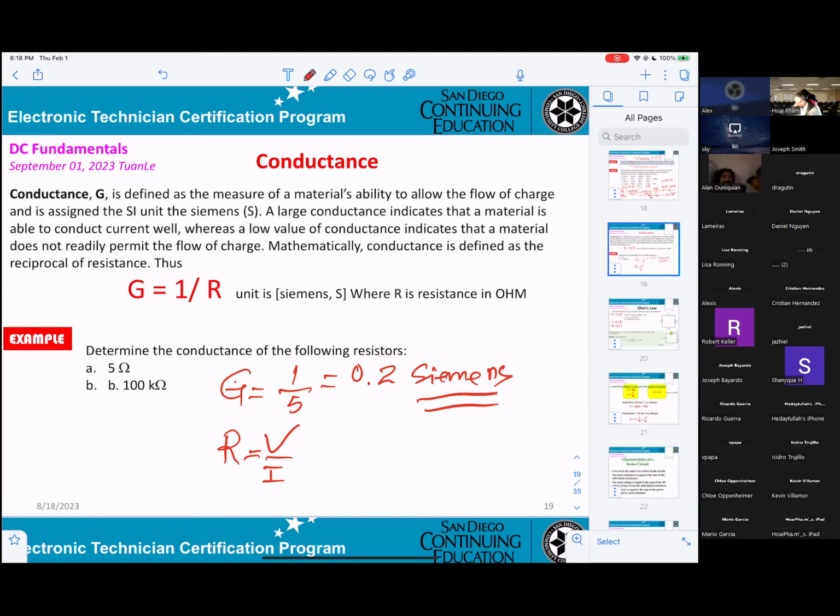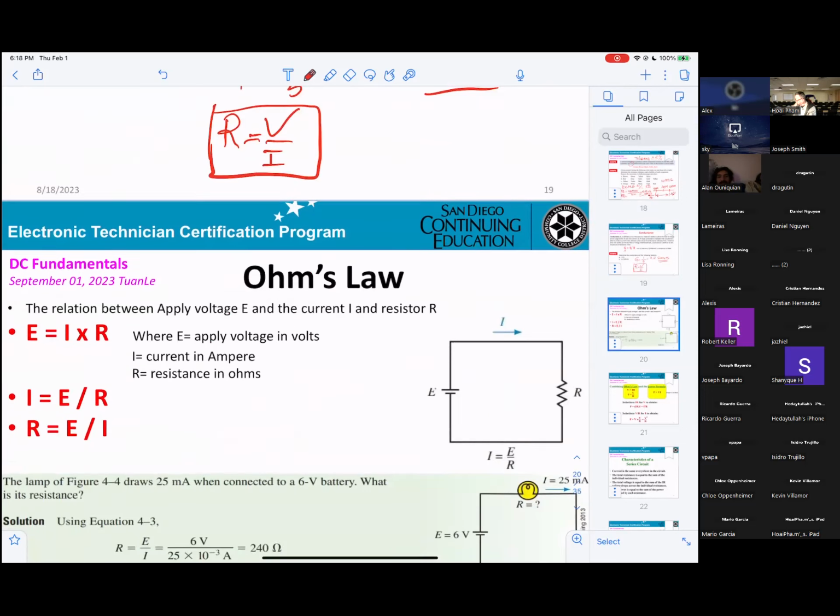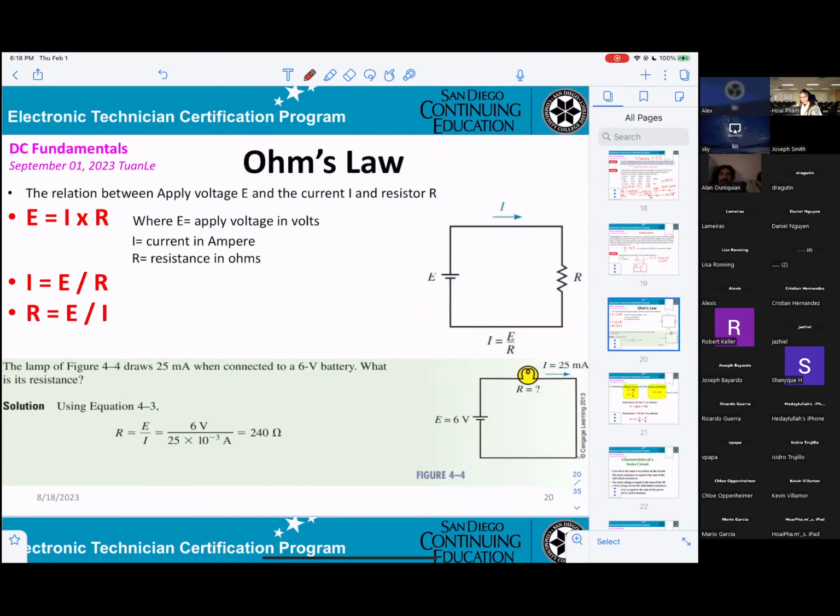We'll care when we go to the next one. If you know R, then you know how to calculate G. Don't relate it to the other formula, that makes it confusing. Everyone learning electronics must know Ohm's law.